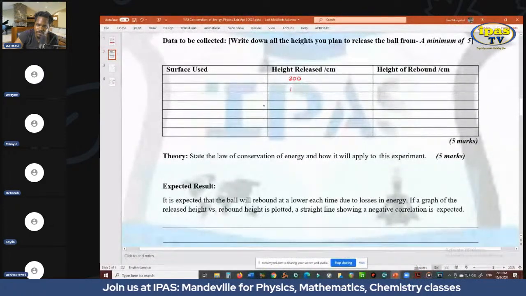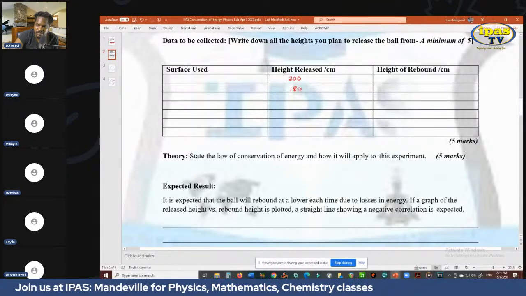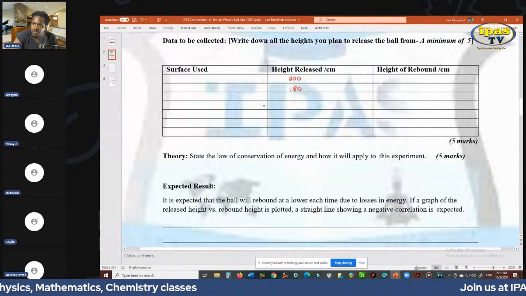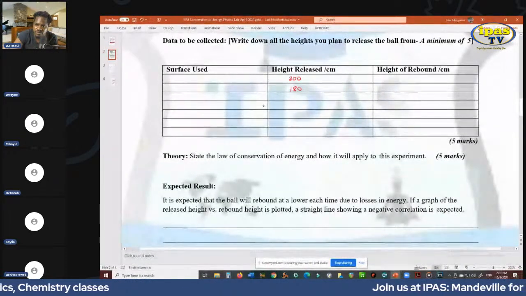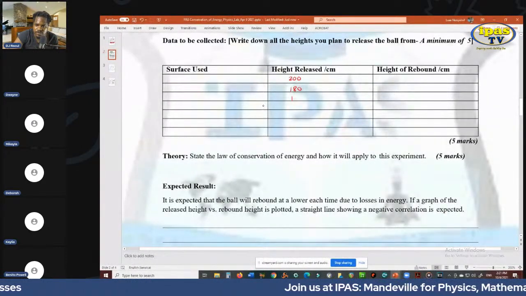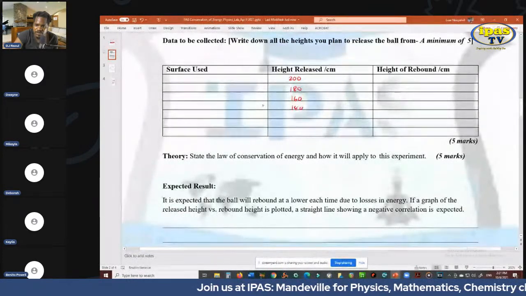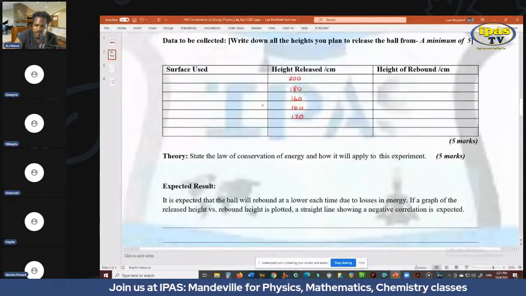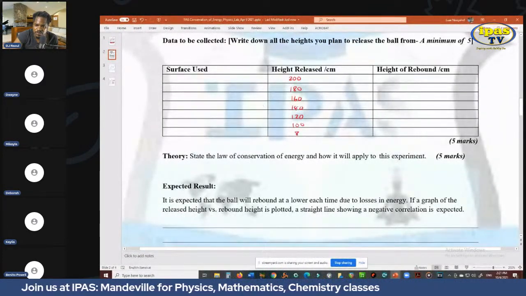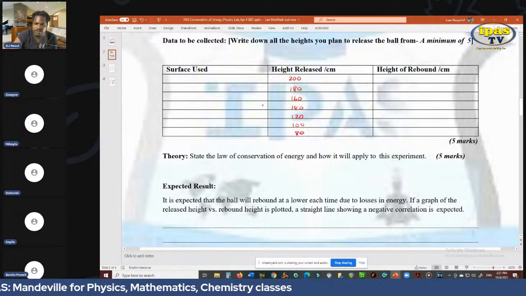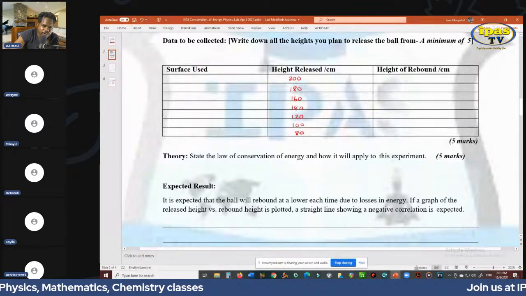Your height may differ, so we could go down by 20: 180, 160, 140, 120, 100, and then 80. Something like this could be used.